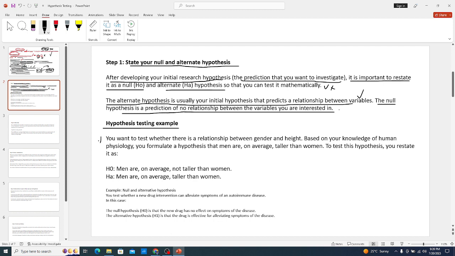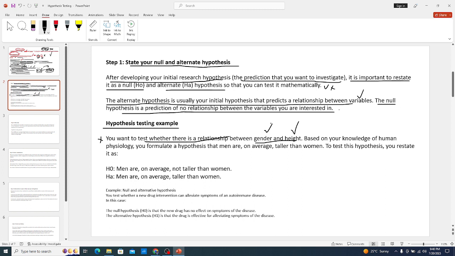Maybe we want to test whether there is a relationship between a certain gender and height. So we can say that maybe men are on average not taller than women.